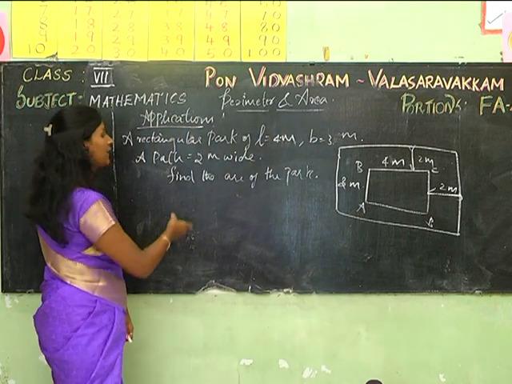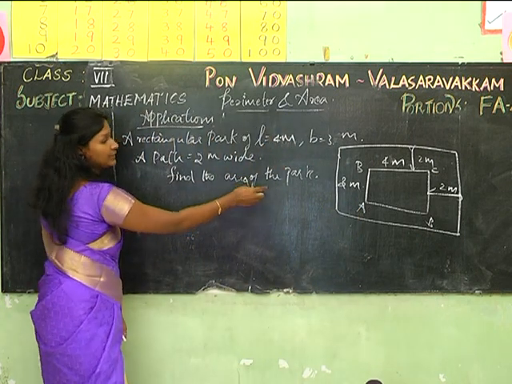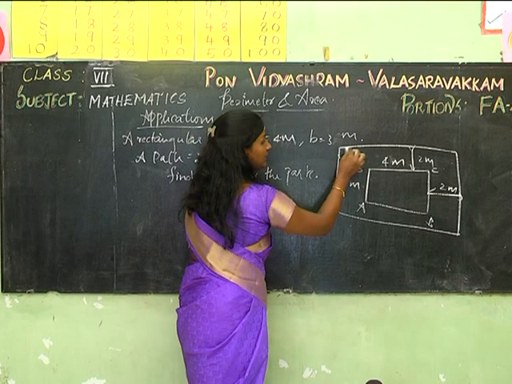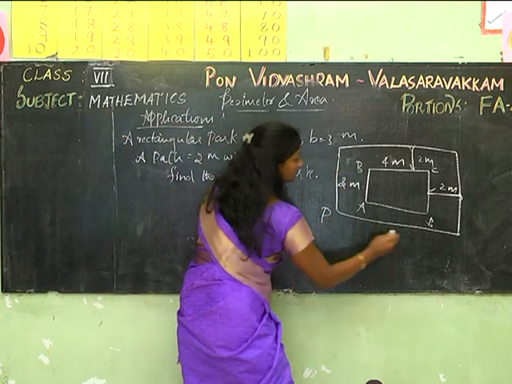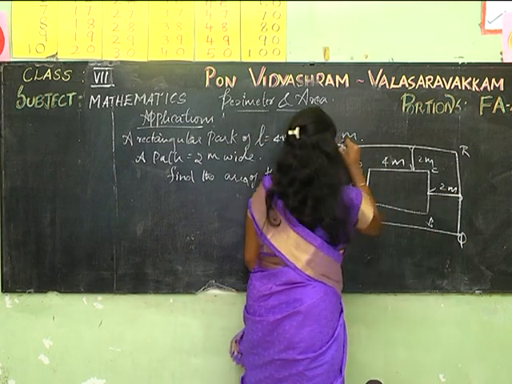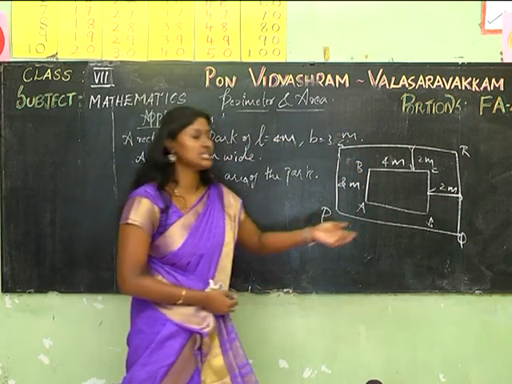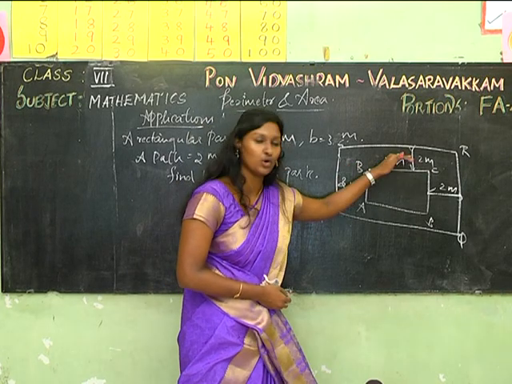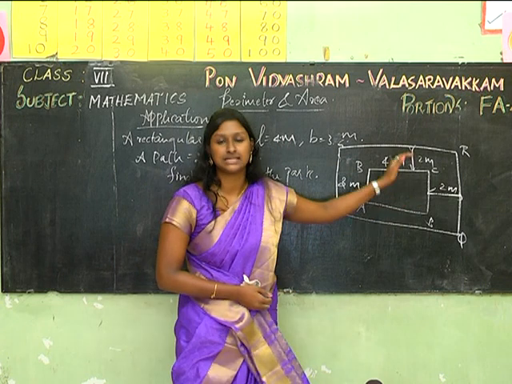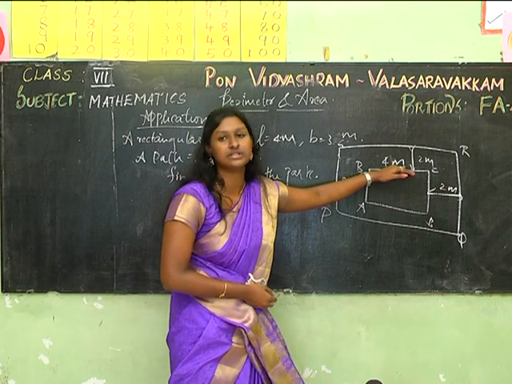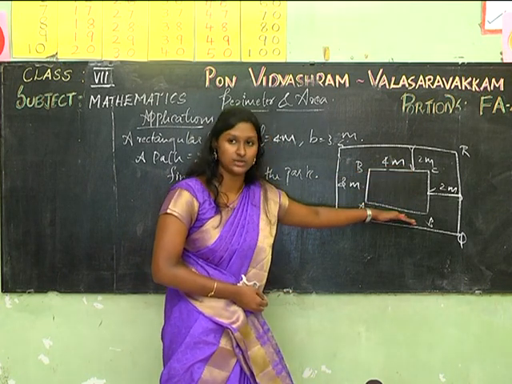So, what we are supposed to find? Find the area of the park. So, what I am going to do now? Let me mark the sides. So, we know the measurement for the side BC as 4 meters, and for the rectangle the opposite sides are equal. So, if here is 4 meters, here it will also be 4 meters.